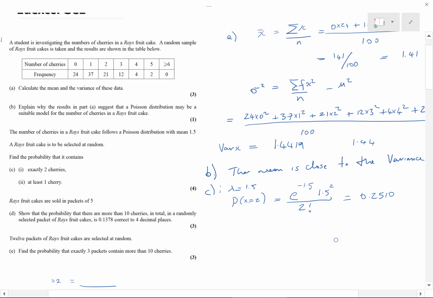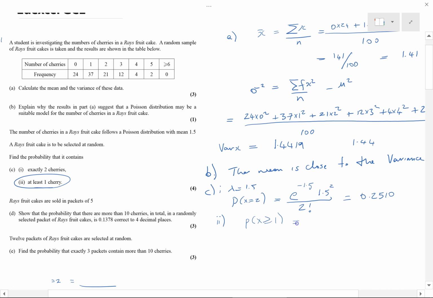Part C2, I would use the tables here because it says at least one cherry. That means it's got to be at least one cherry. Actually, I wouldn't use the tables here either, because we've got the probability that x is 1 or more, so greater than or equal to 1, at least 1.